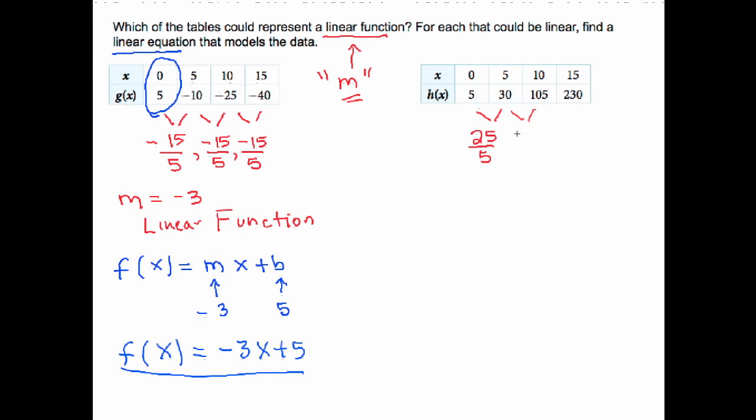That would be 75, all over 10 minus 5, which is 5. And notice these are not equal. So that means I don't have a constant rate of change. So my conclusion is that this table that represents a function does not represent a linear function. Thank you.